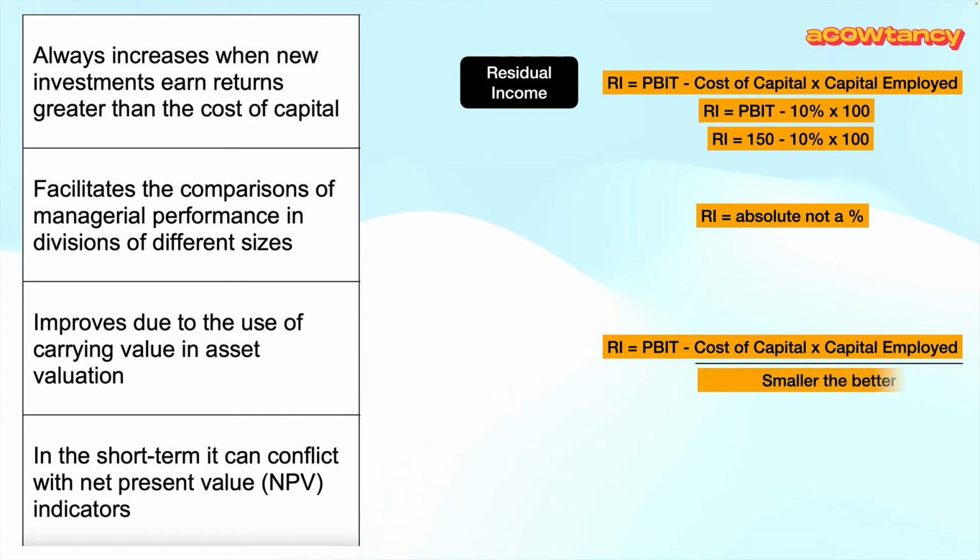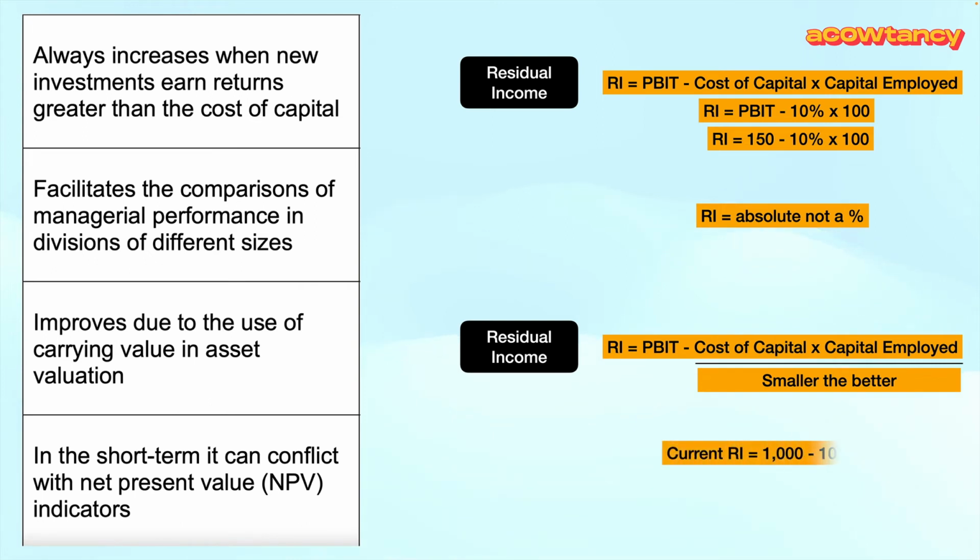So the smaller that is, the better. If you're using carrying value and that's just getting depreciated down and down, then your capital employed is going down and down. So the smaller the better. So yes, residual income does get bigger the more you carry on using old assets and carry on valuing them at their carrying value.